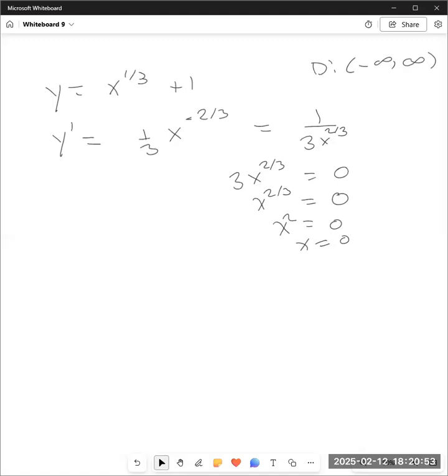So let's make absolutely sure here. If I stick 0 in there, the cube root of 0 is 0, plus 1 is 1. There's actually a point there. So that's good. At 0, the derivative is undefined. But let's check a number to the left of 0, like -1.